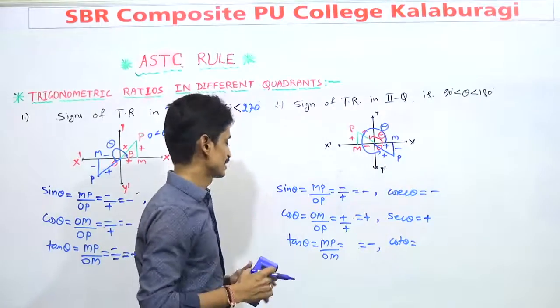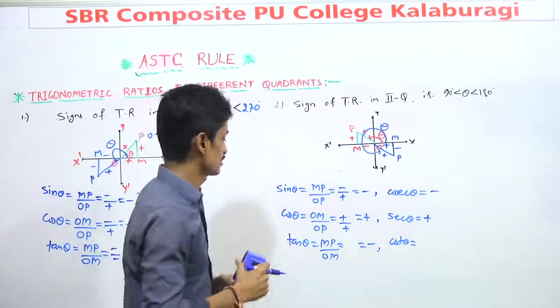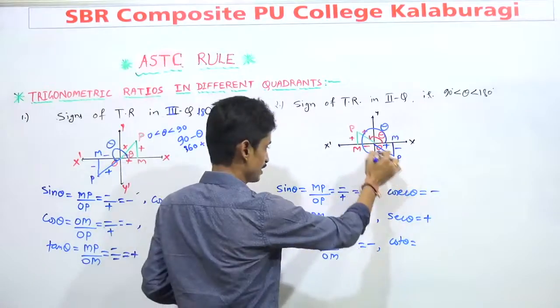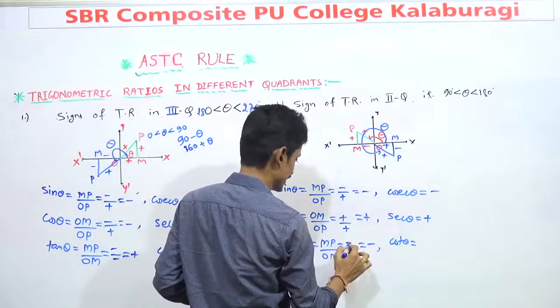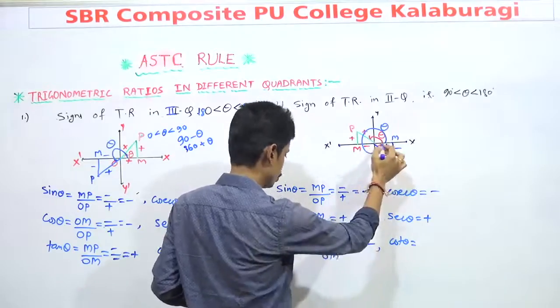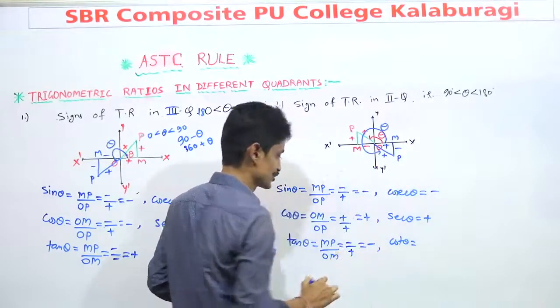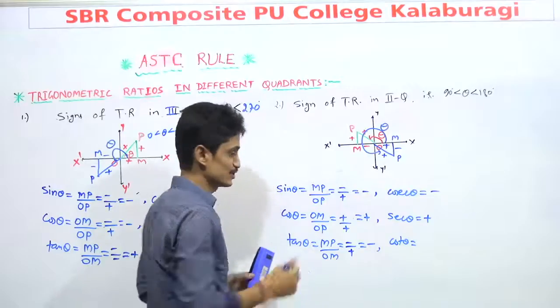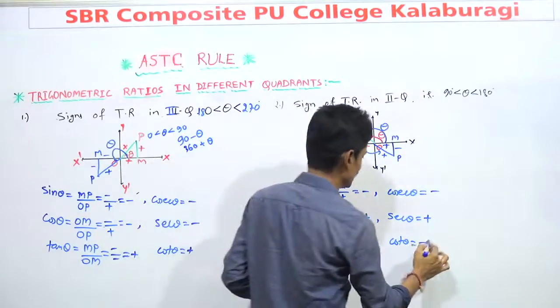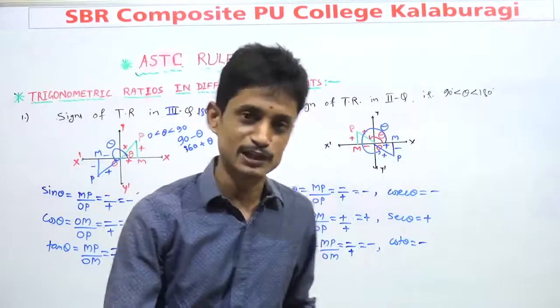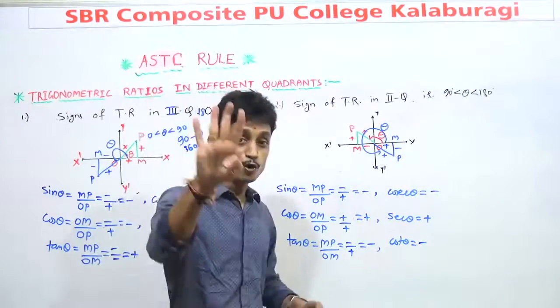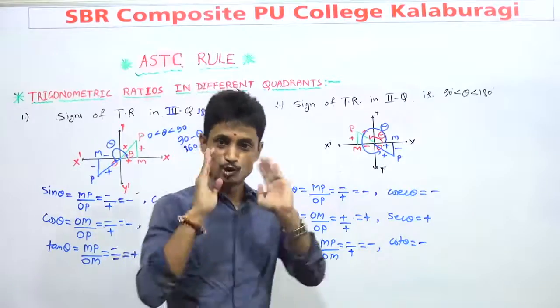Let us go for tangent. Tangent is MP by OM. MP is in the negative direction and OM is positive, so negative by positive is negative. Similarly, cot theta. So in that fourth quadrant also, four ratios are negative. You got the idea.